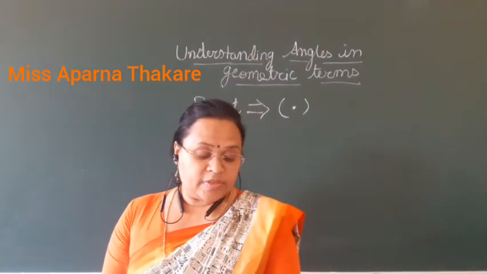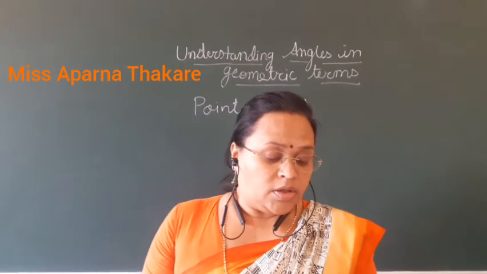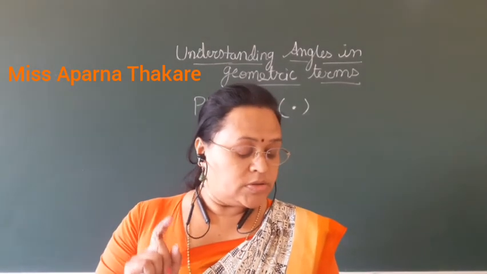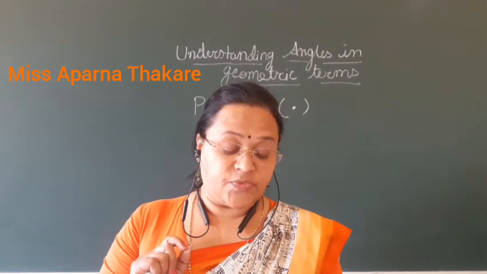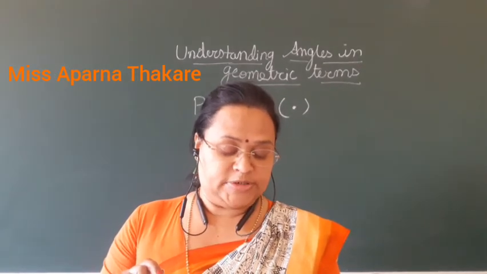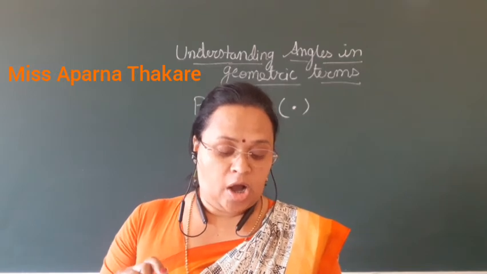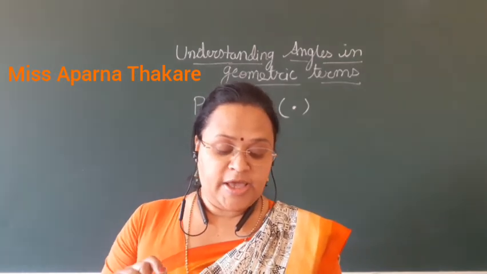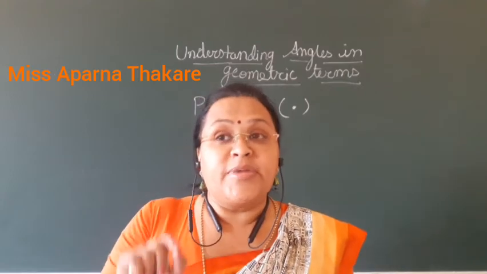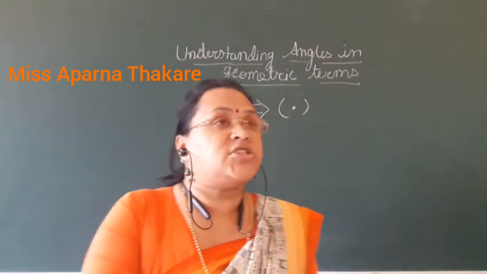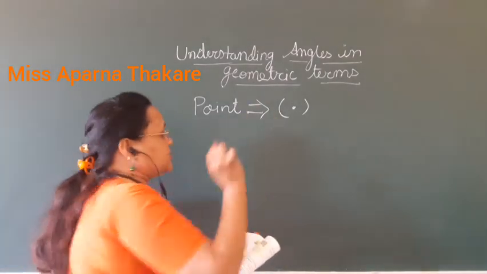So then see the yellow box. The tip of a pin can be taken as a physical model of a point. In reality, a point in geometry is even smaller than the tip of a pin. It means that we only just show the point like this.